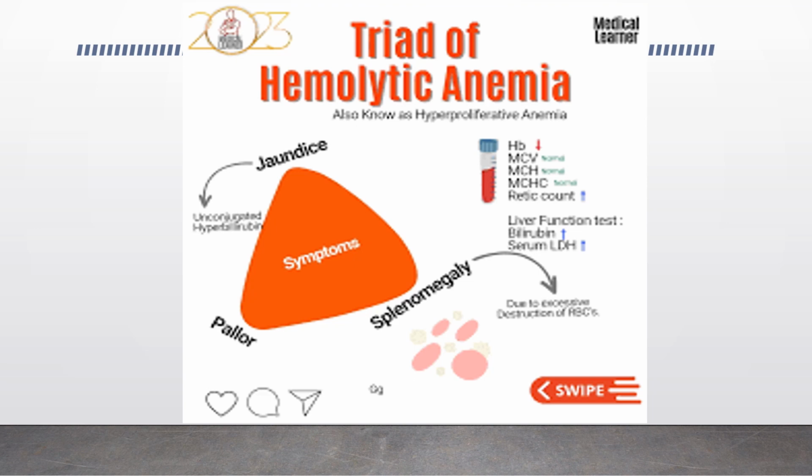Jaundice will occur when there is too much hemoglobin breakdown, a metabolic process leading to increased bilirubin, unconjugated hyperbilirubinemia. It goes beyond the capacity of the liver to metabolize all of the hemoglobin.